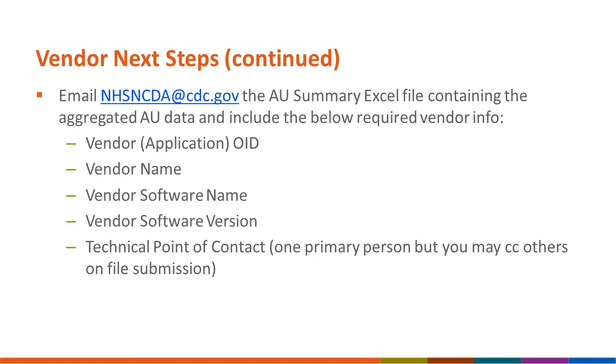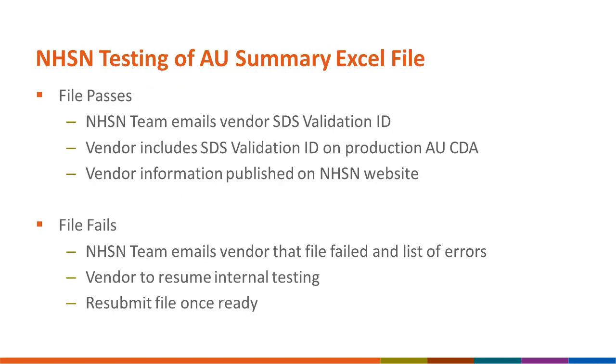In addition to the Excel file, as part of the vendor registration process, please also include the following additional information: vendor OID, vendor name, vendor software version, and at least one technical point of contact. If any of the information above is missing, we will not process your request. Upon receipt of the above items, the NHSN team will test your Excel file to confirm it passes AU SDS validation.